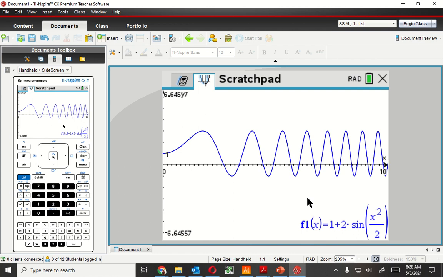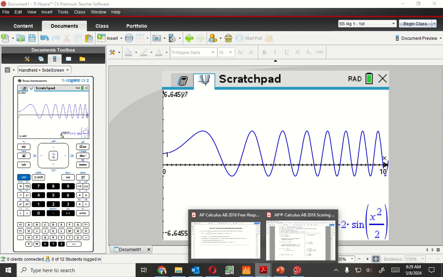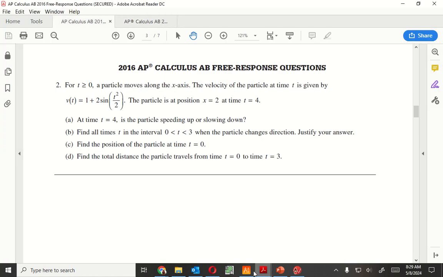Now, given the calculator and all the amazing things it can do, all I want to do is find out what v of 4 is. It's asking for v of 4, the velocity at t equals 4, right here. So we're just going to plug that in.